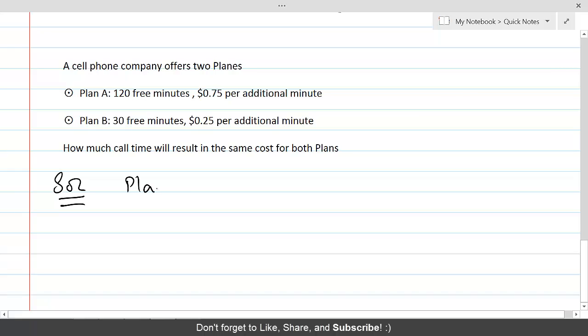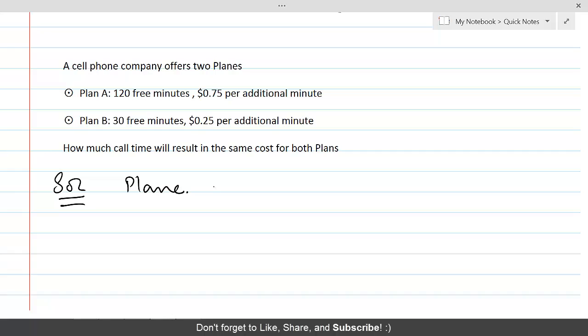So plan A, up to 120 minutes every call is free. So the billable time starts after 120 minutes. Suppose you called for t minutes, which of course is more than 120.